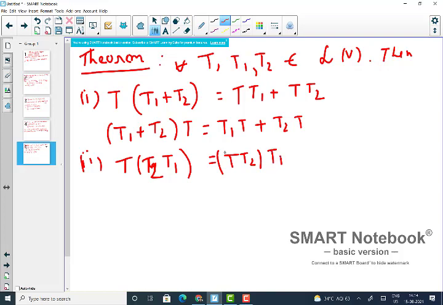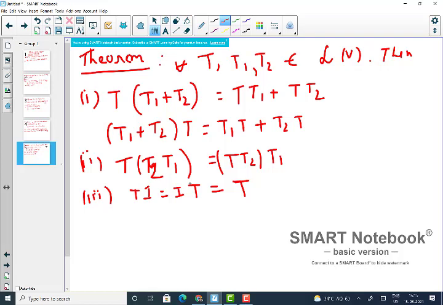Not only that, this holds for the identity operator: T of I is nothing but I of T, which is equal to T. So if you compose with the identity operator, it will be the same operator.